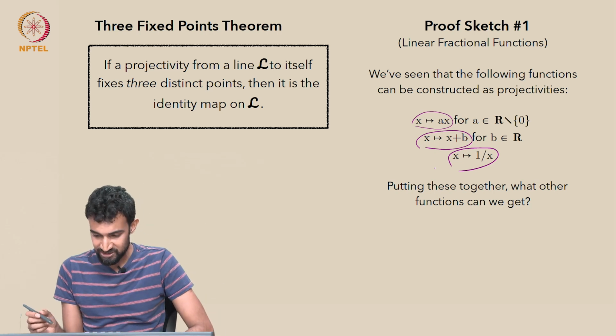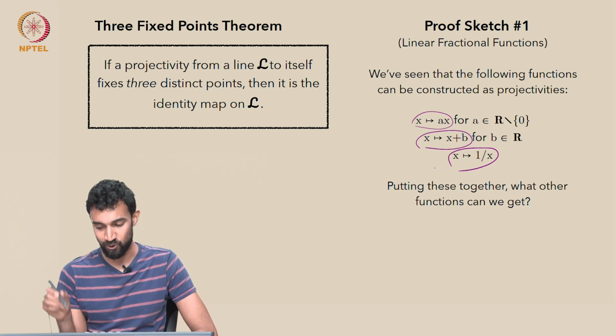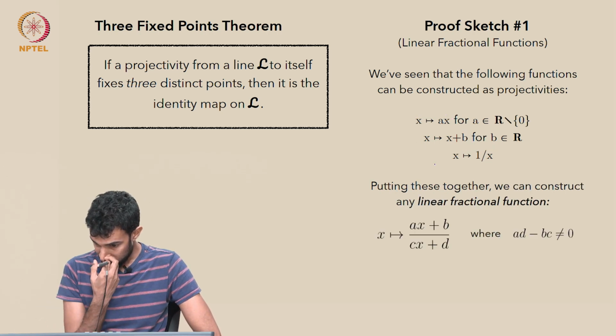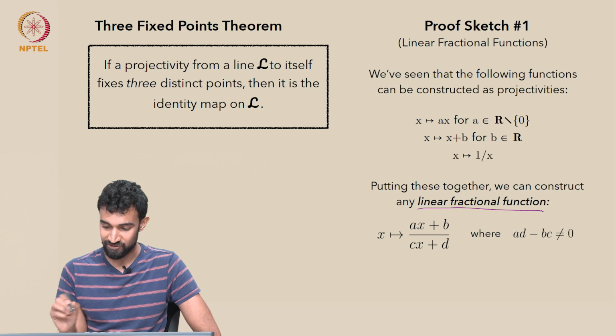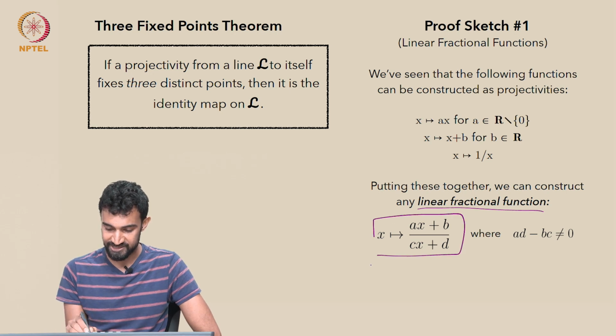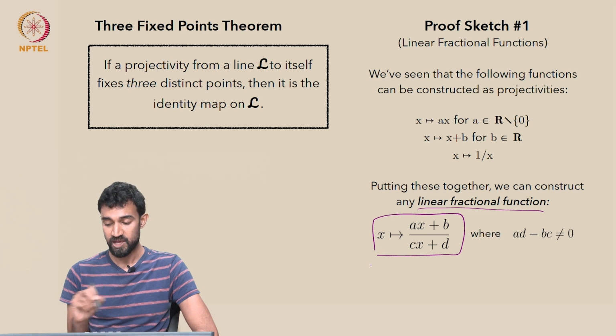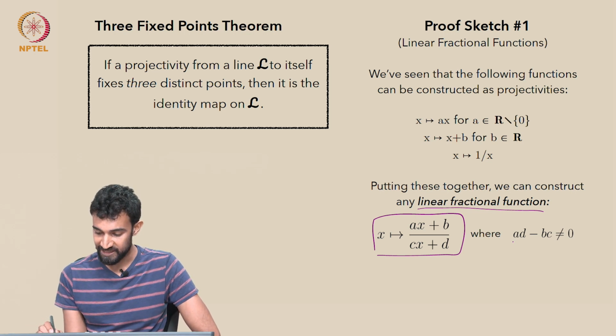And it turns out there's a nice name for those and a nice structure for the entire class of functions that's generated by these 3. Namely, they're linear fractional functions. And they look like this. x goes to (ax plus b) over (cx plus d), where ad minus bc is non-zero.